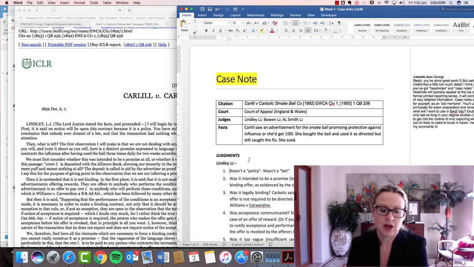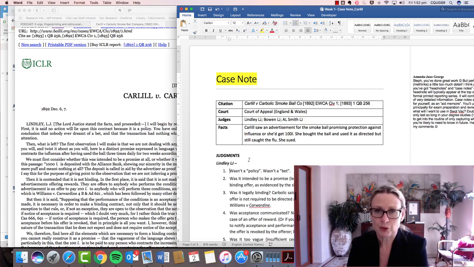And if you have a multi-judge bench, then you need to work out for yourself what the ratio is. The ratio will be, as I said, the decision that was arrived at for a particular reason. Now, it might be the case that a couple of the judges agree on the decision, but they arrive at that decision by means of different reasoning.